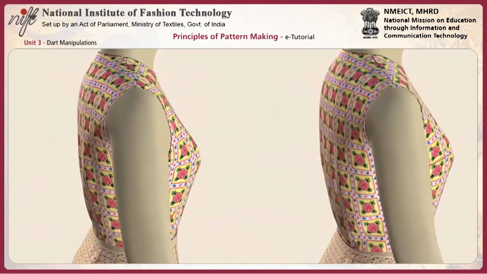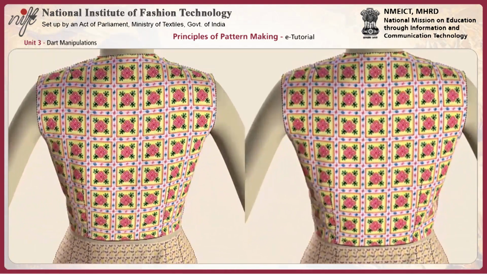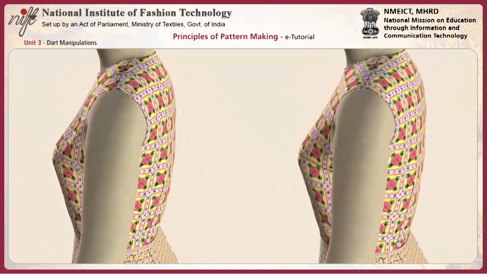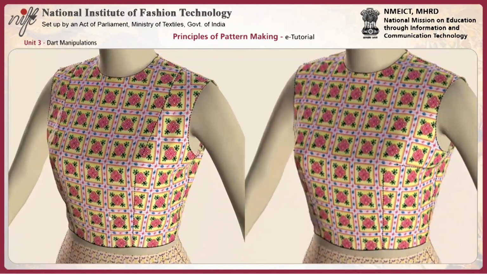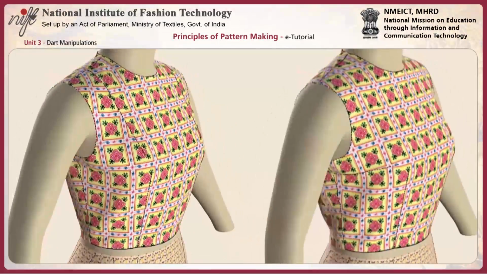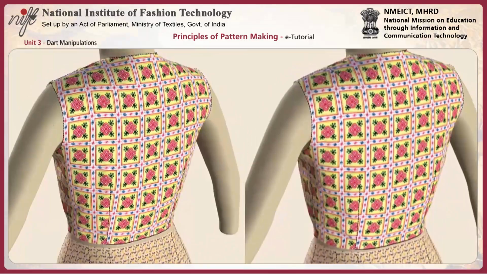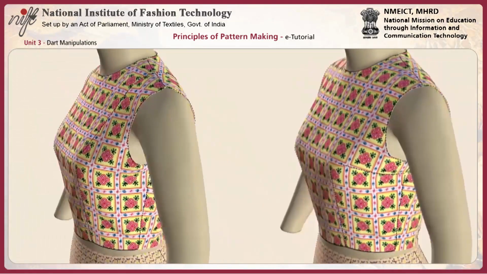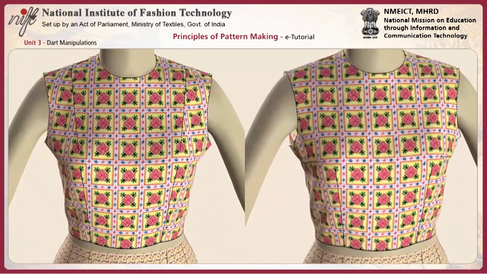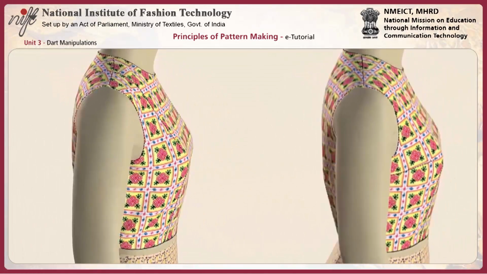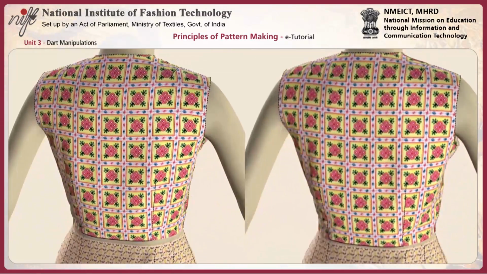Now let us consider these two models. In the first model, the dart is given at the shoulder. In the second model, the dart is given at the front underarm and waist. Back is same as first model.